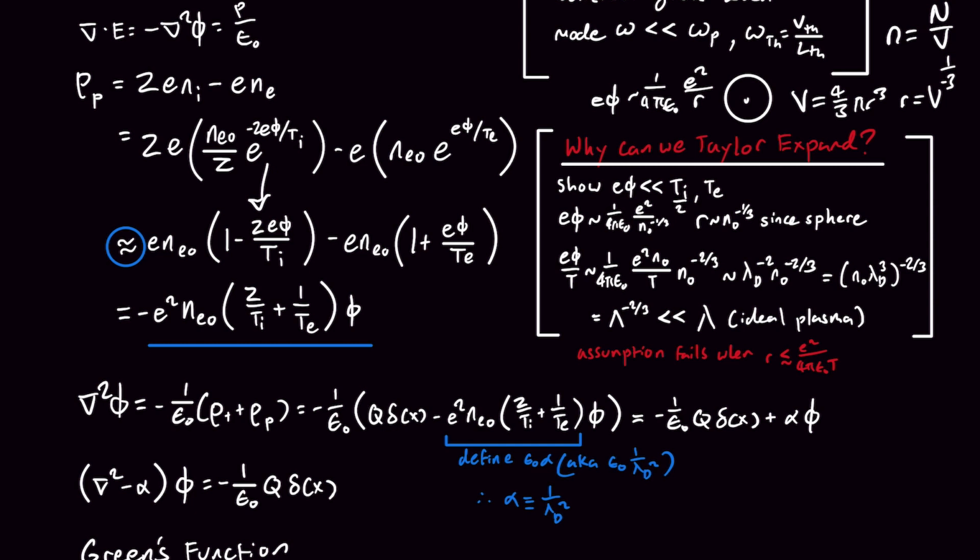So basically saying that the exponential term is small. So why can we show this? Well, over here we have e to the power of the electric energy over the thermal energy. So we basically want to show that the thermal energy is significantly greater than the electric energy, so that e is to the power of a small number.